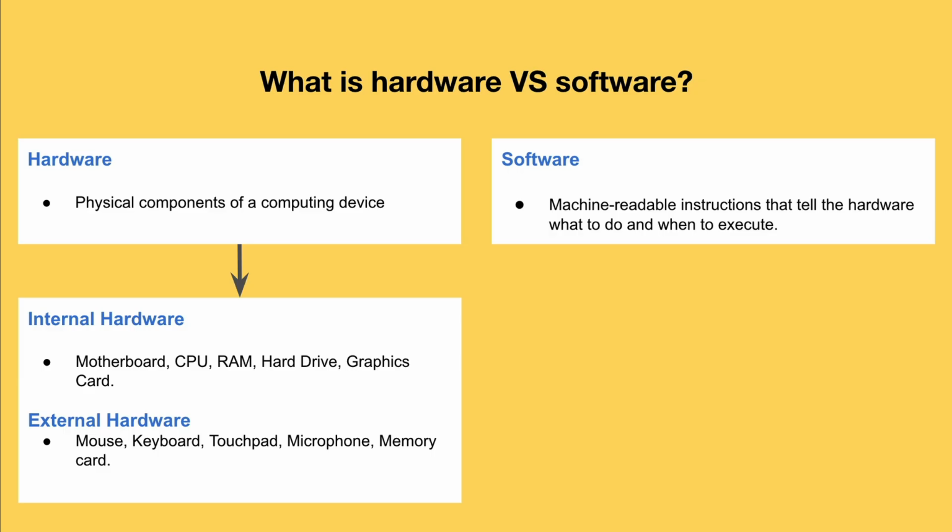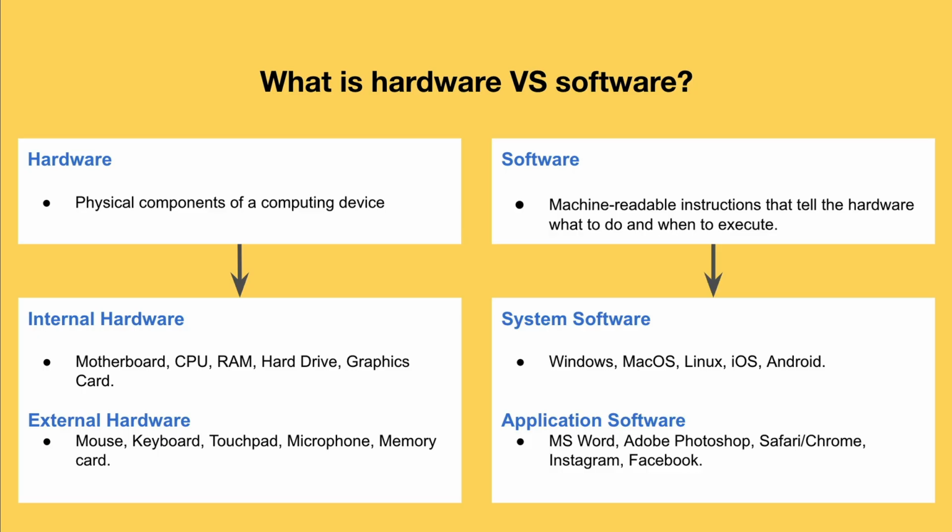They reside within our computer. As for external hardware, for example, a mouse, a keyboard, a touchpad of your laptop, a microphone, or a memory card, any external hardware that we use together with our computer is called external hardware.